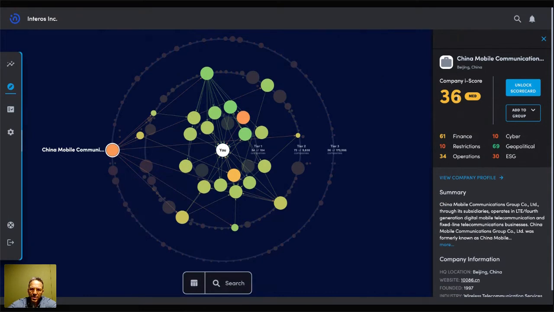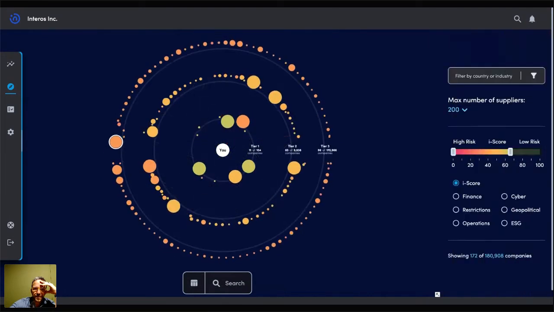And then here you can actually see, of course, the I score. You can see the breakdown of different risk factors that we have in our platform. This is part of our platform that you can do for any company in our ecosystem. We are, again, 350 plus million companies and counting. So this is extremely powerful.